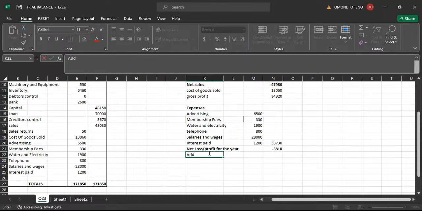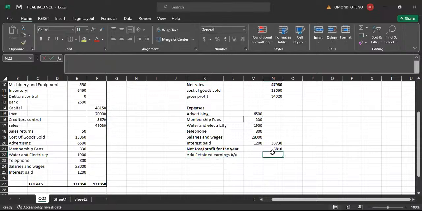What are we going to add here? Other comprehensive income, yes. We are going to add other comprehensive income, that's good. And then once other comprehensive income is added, of course, that's what will give us the net profit for the year. Then we are going to add what we call retained earnings. Retained earnings brought down or brought forward.